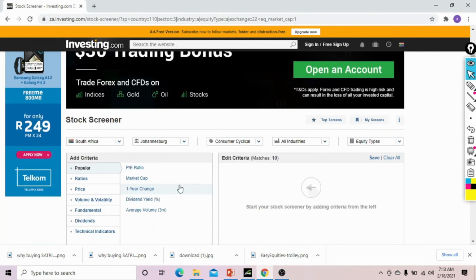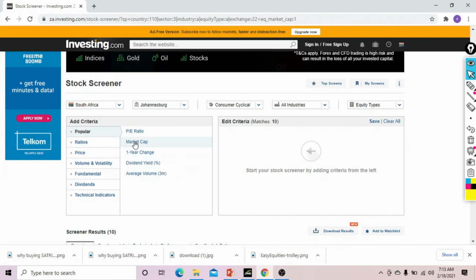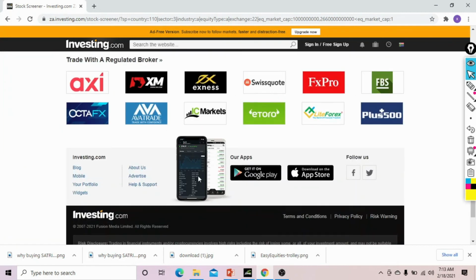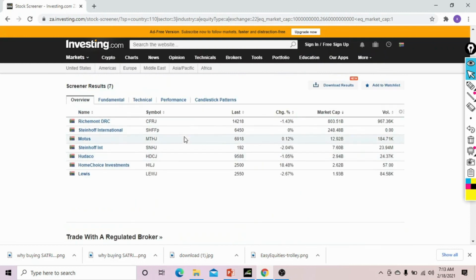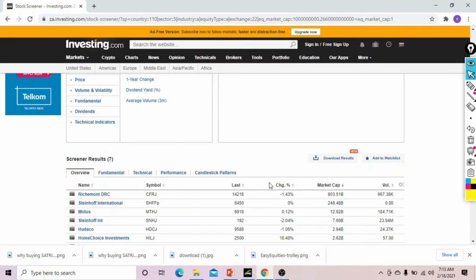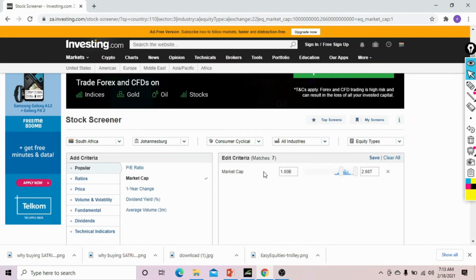And the market cap part, you can also add it here. You can just click market capitalization and type whatever you want. For example, I want stocks with 1 billion market cap. Then it's going to change the list at the bottom and only show stocks with at least 1 billion market cap going upward.